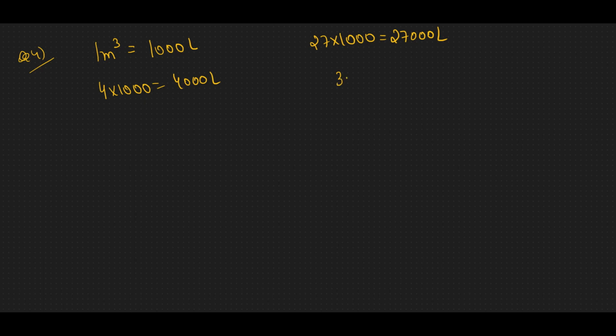And 3.8 centimeter cube in liters. So very simple. We need to convert 3.8 centimeter cube in liters. So we will divide 3.8 by 1000. This will be 0.0038 liters.